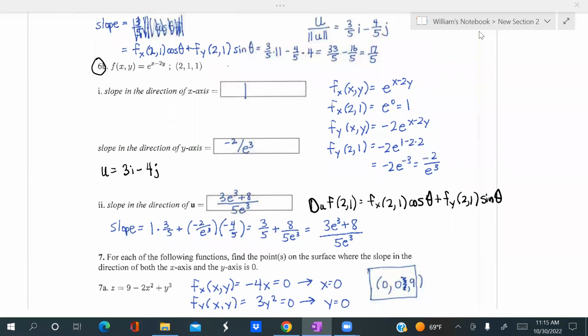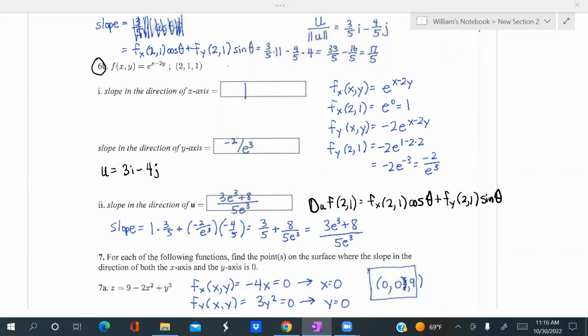Okay, so let's calculate some directional derivatives for this particular function of two variables, e to the x minus 2y. I think we had that as an example earlier. At this particular point, x equals 2, y equals 1, and as it turns out, when you evaluate this formula, you get z equal to 1 as well.